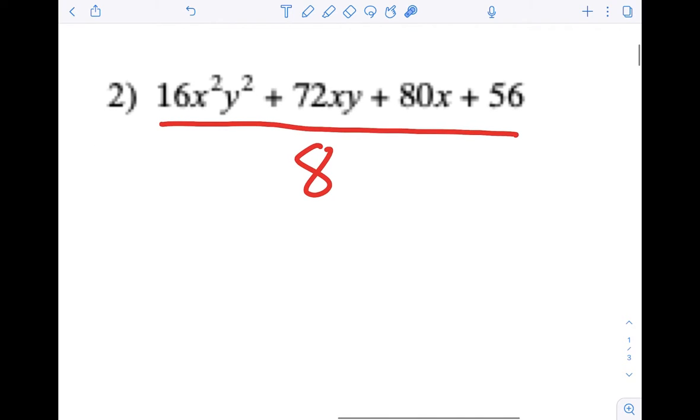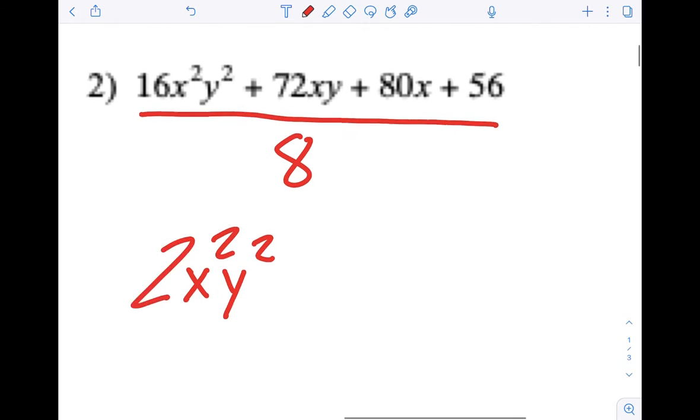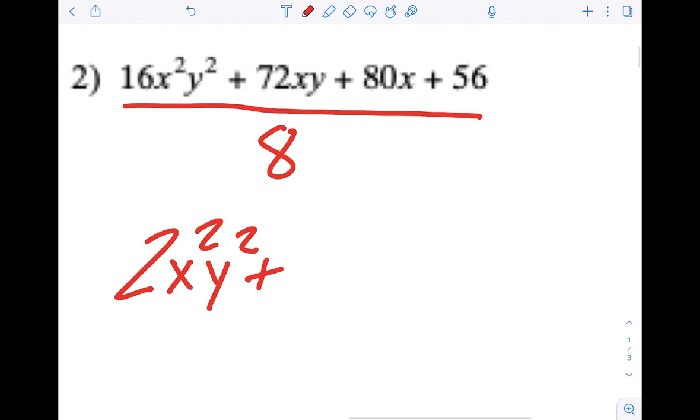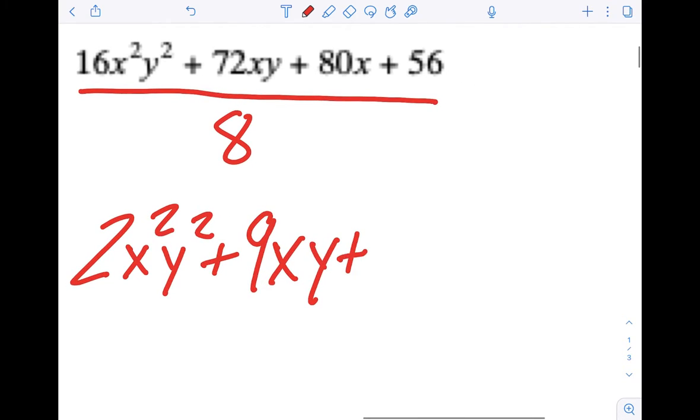So let's divide everything by 8. 16 divided by 8 is 2, and x squared y squared comes down because I'm not factoring out any x's and y's. Plus 72 divided by 8 is 9xy. Then 80 divided by 8 is 10x.